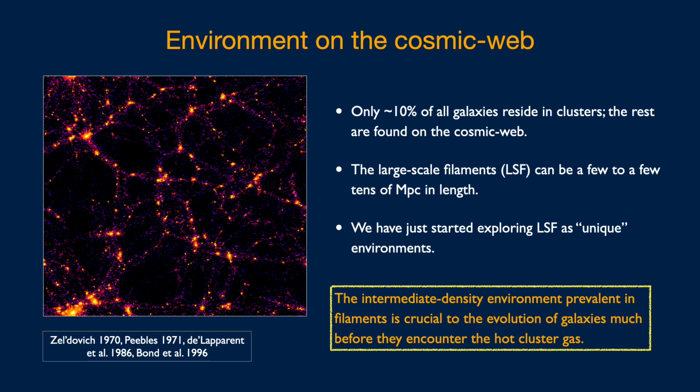Because remember, most of the galaxies lie on these large-scale filaments, and only about 10% of all galaxies reside in clusters, even though clusters are the most studied regions of the universe. That is because astronomers realized long back that by pointing their telescopes on these regions of the sky, they will be able to gather information about a larger number of galaxies in very small time.